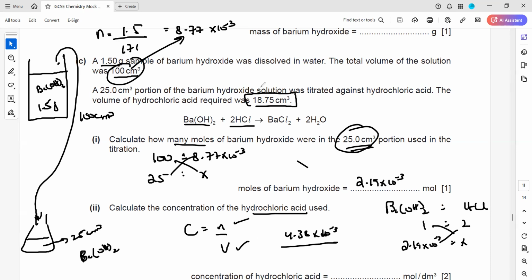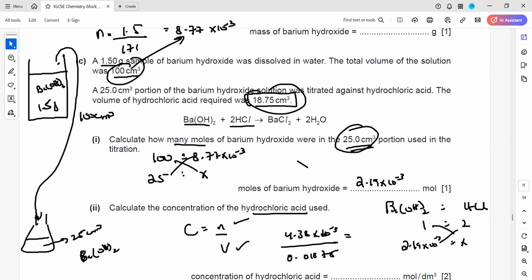We got the moles, and the volume of hydrochloric acid was 18.75. We'll divide it by 1000, so 0.01875. This will give us the concentration in moles per decimeter cube. 4.38 exponent minus 3 divided by 0.01875.